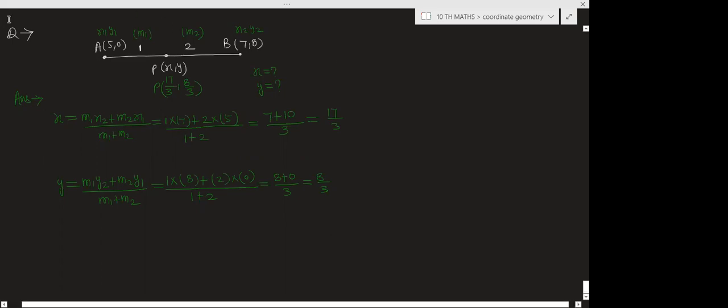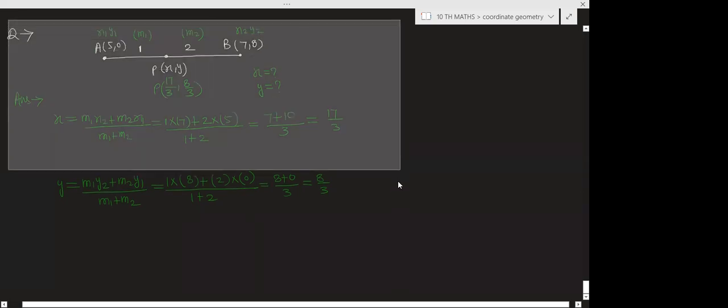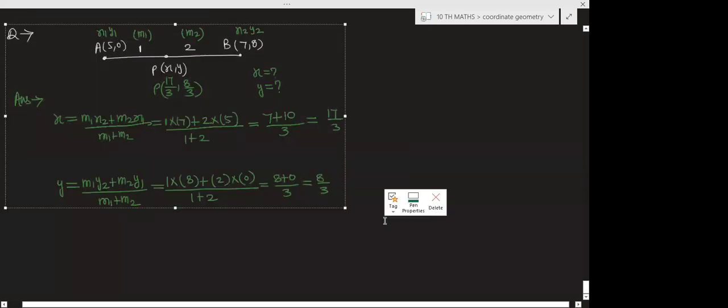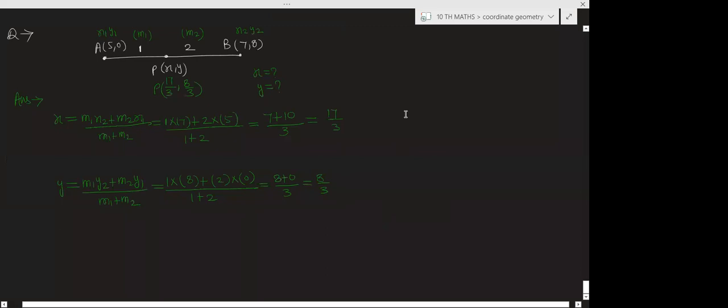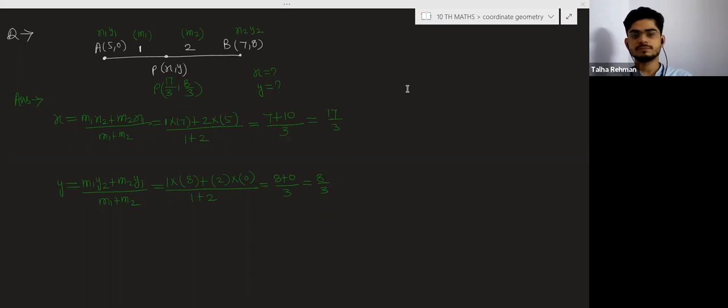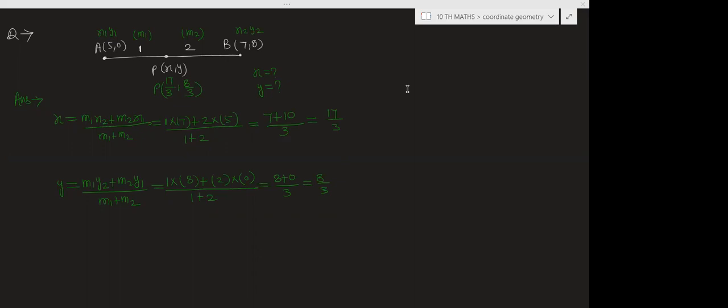Azaan, have you got this? How to solve this now? Yes, sir. You just have to apply the formula here. Nothing else is there. Like the distance formula, you have to apply the section formula this time. Okay, sir. Done, sir. Okay, fine.